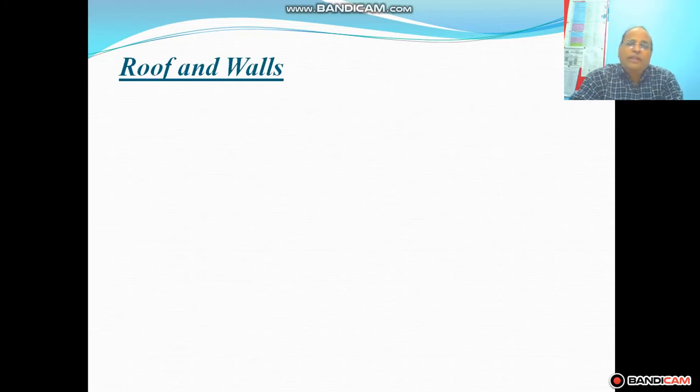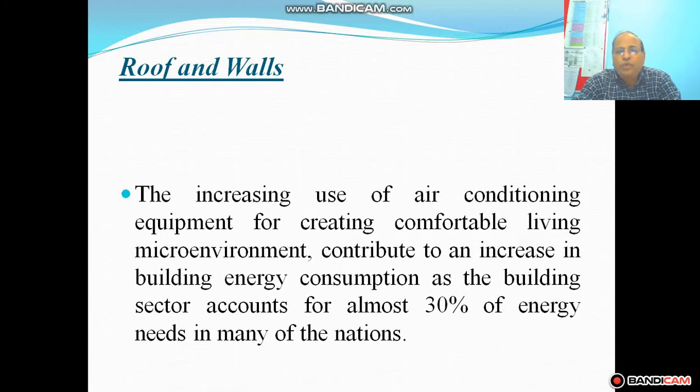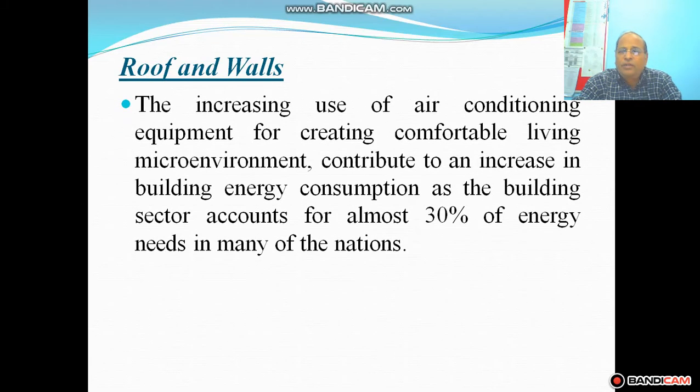In the case of roof and walls, the increasing use of air conditioning equipment for creating a comfortable living microenvironment contributes to an increase in building energy consumption, as the building sector accounts for almost 30% of energy needs in many of the nations.